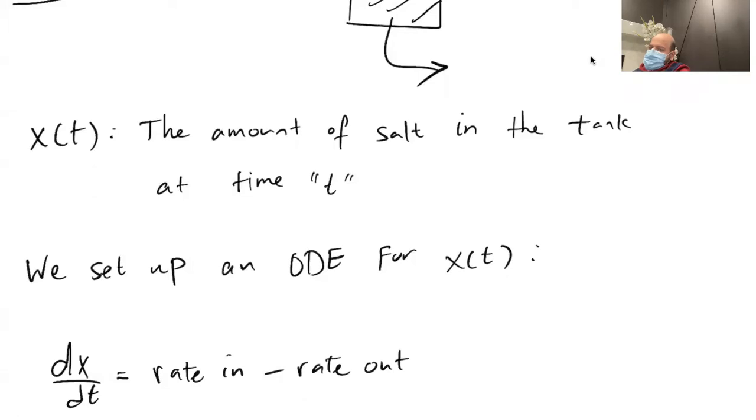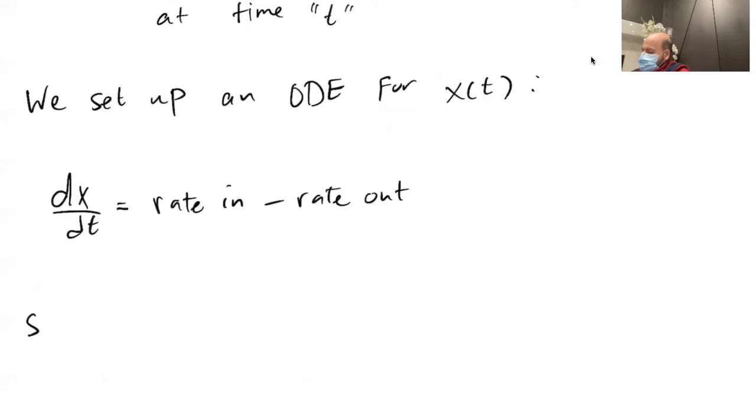So we found the overall rate, which is the rate of change of x. So that gave us a first order differential equation. And then we solved it to find x of t, as a function of time, the amount of salt at time t.